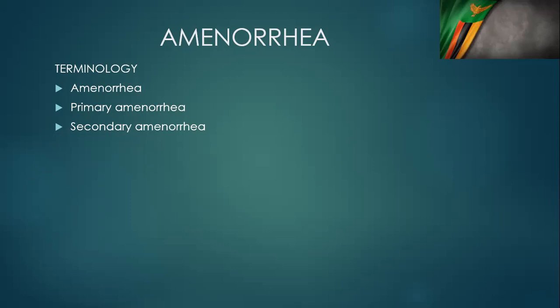Then you have primary amenorrhea. Again here, some of you will just say primary amenorrhea is lack of menses in somebody who has never had menses before. But there's a lot to that definition. There is lack of menses in somebody who's 16 years old, and lack of menses in somebody who's 14 years old.